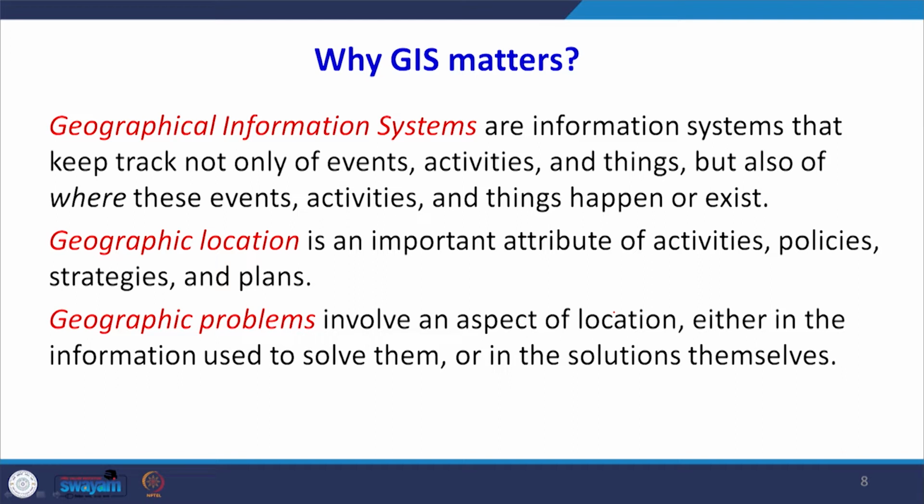This location, the geographical location which we are dealing with in GIS, is a very important attribute nowadays. Whether we are talking of making some policies, devising some strategies, or making certain plans, the location is very important, for which location, for what area we are actually doing that activity.